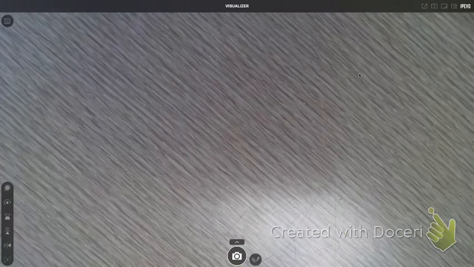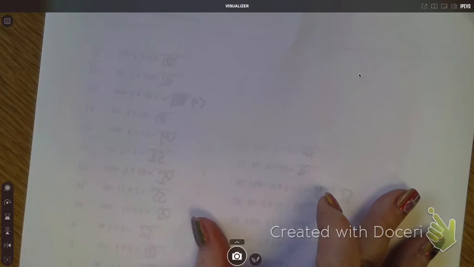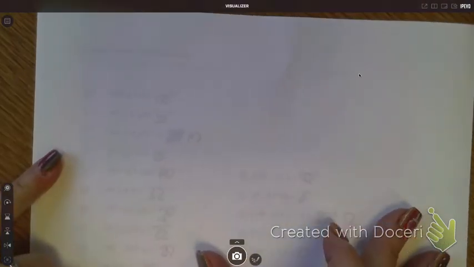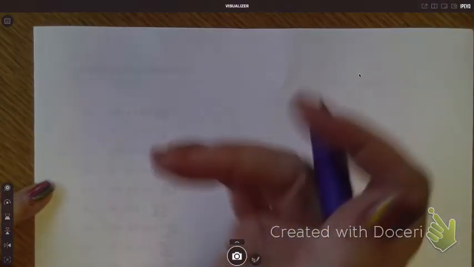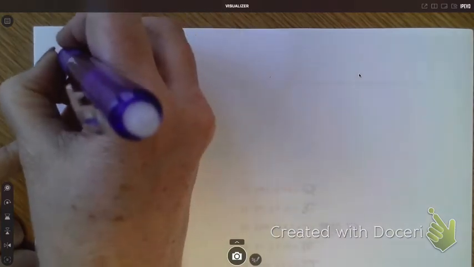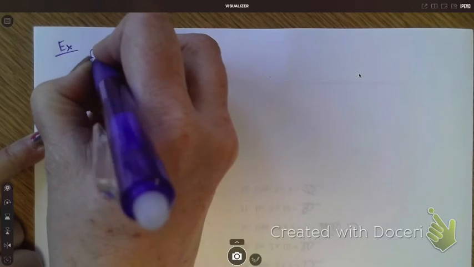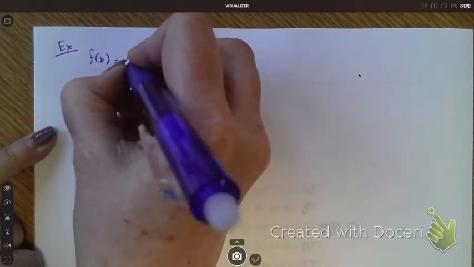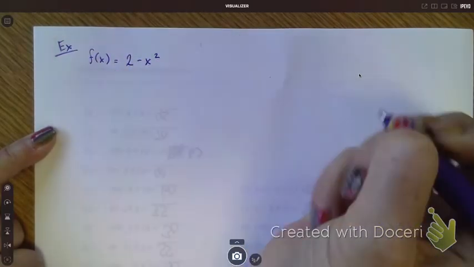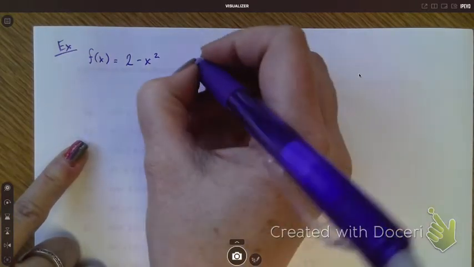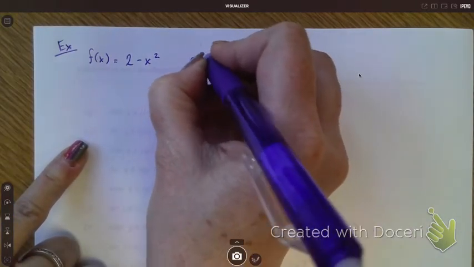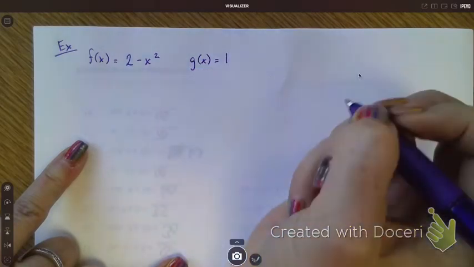So our next one is not the x-axis, not an axis. We have f of x equals 2 minus x squared, and g of x equals 1.